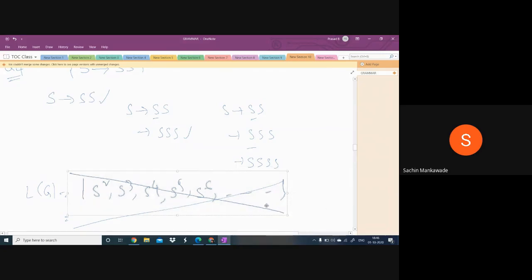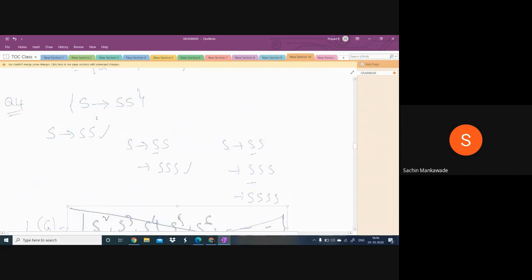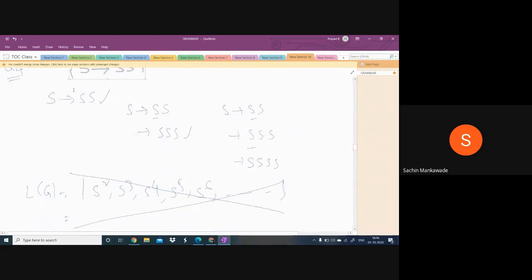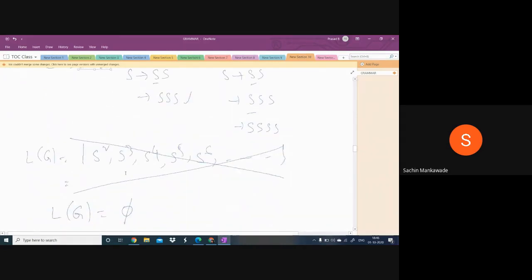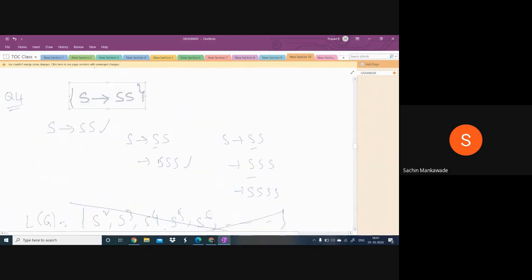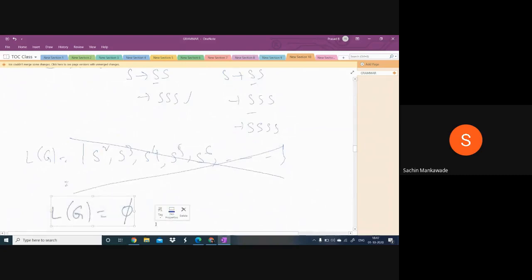That is the reason this grammar cannot give any terminal string, because here S cannot be eliminated. S doesn't have any terminal productions. Therefore, as S cannot be eliminated, this grammar cannot derive any string. So simply L of G is empty.